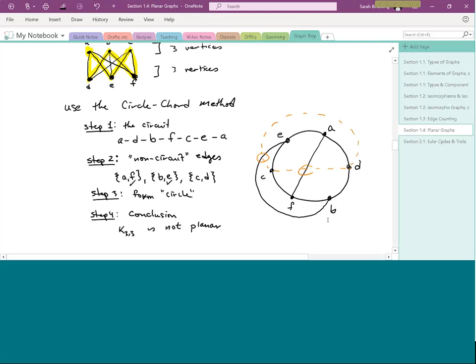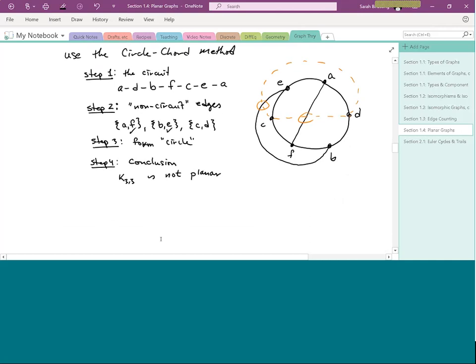But this guy here, K33, the complete bipartite graph on 3 and 3 vertices, is one of the smallest graphs that's non-planar, which means if you have only, say, 3 vertices, this guy's going to be planar. You just have to figure out how to redraw the edges. Turns out, same deal, if you have 4 vertices, all graphs on 4 vertices are planar. You just have to figure out how to redraw your edges.